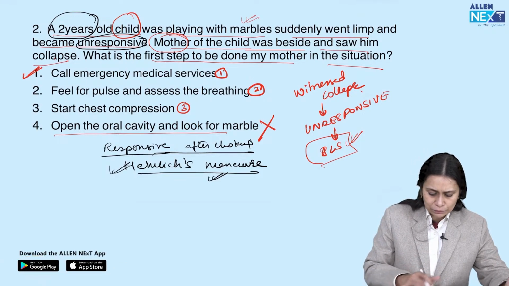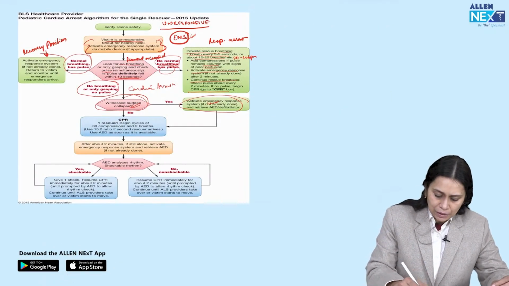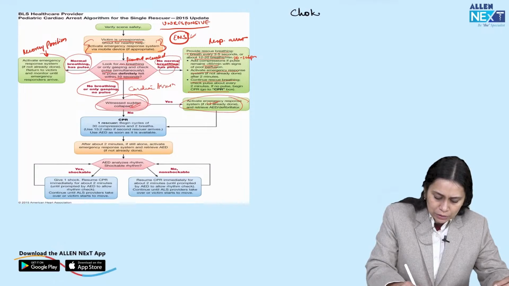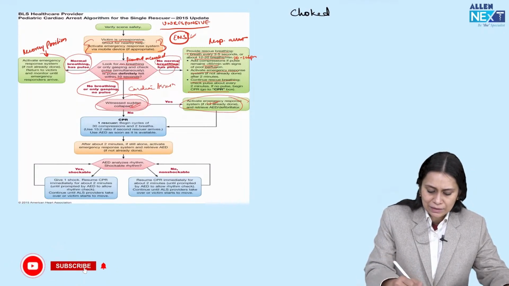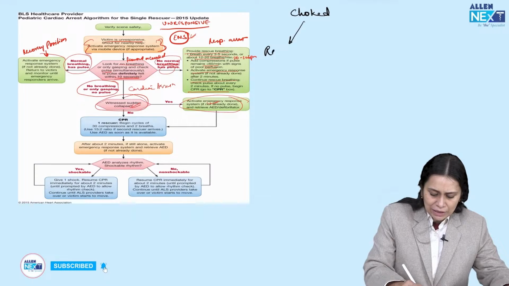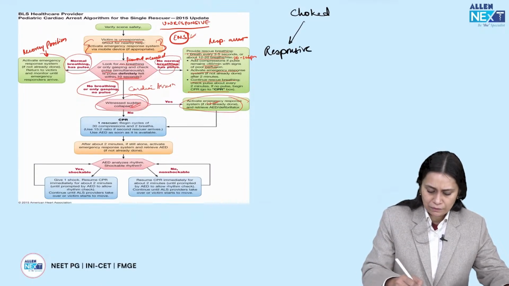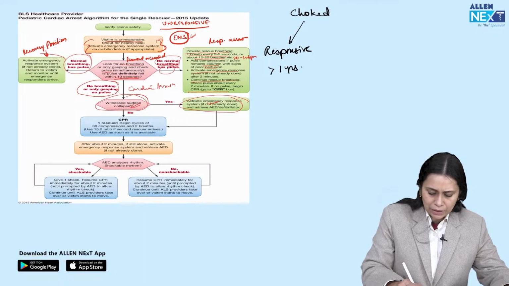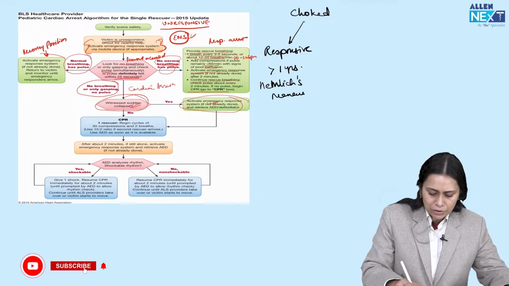Okay, so what did I tell you? I told you that if someone has choked, two things can happen. The person can initially remain responsive. If the person is responsive and more than 1 year of age, we go for Heimlich's maneuver, which is abdominal thrust.